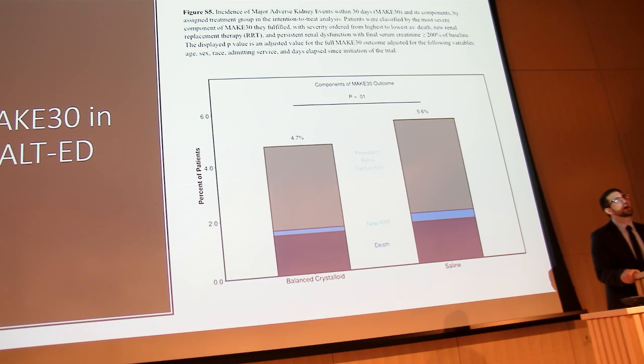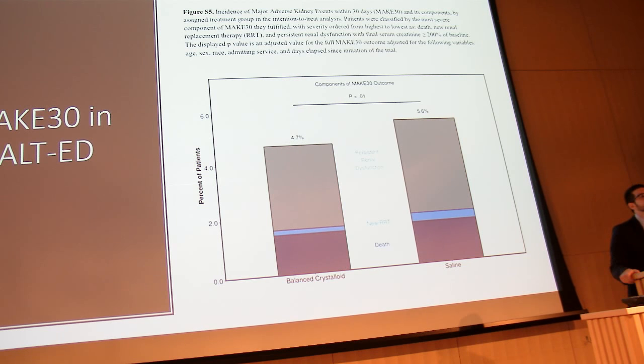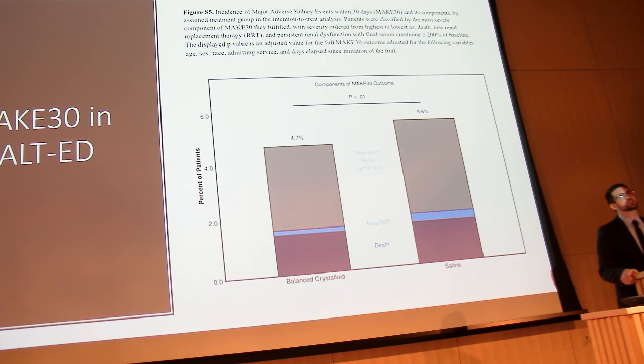So we're talking right now about more stable patients, an NNT of 111 to prevent one MAKE30 event. And I think that we as clinicians need to decide if we care about MAKE30, which is something that might come up. Hopefully it comes up as some discussion after. But the authors do cite a very heterogeneous treatment effect.